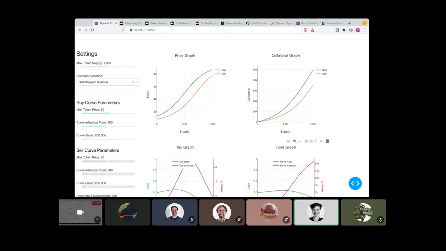What's the framework you're using again for building this application? Yeah, good question. So the cadCAD part is cadCAD 0.4.28. And then the graphics are through Dash, which is a Python library for data dashboards or data visualization.